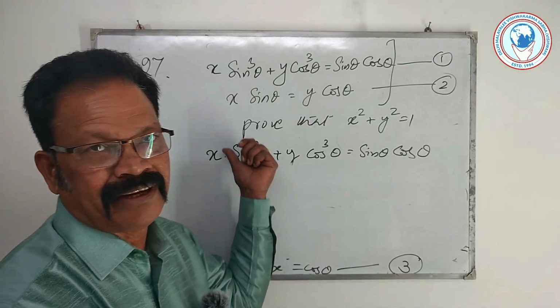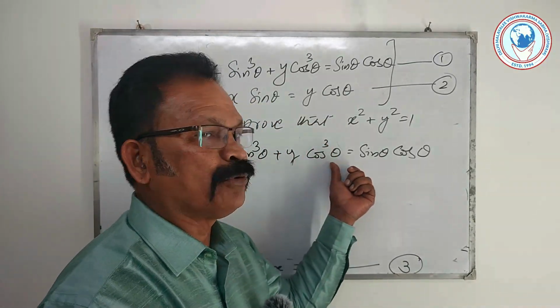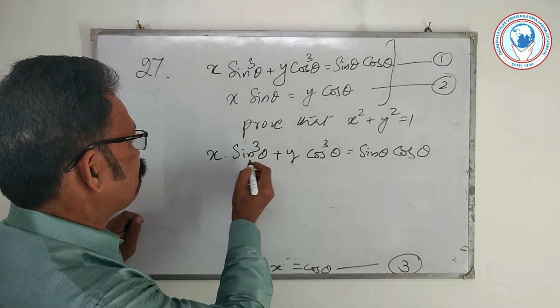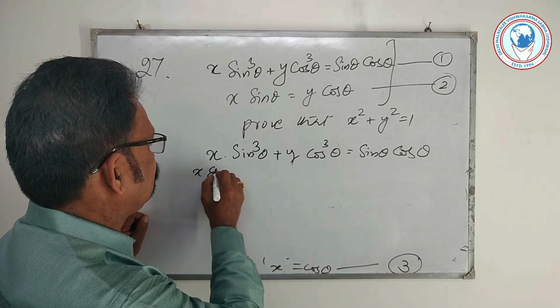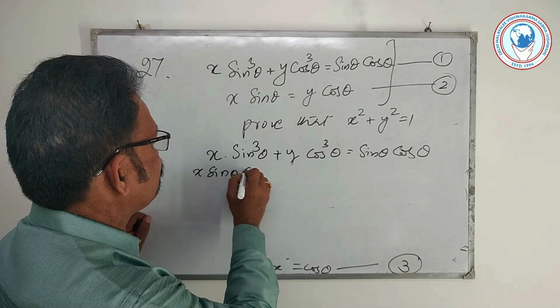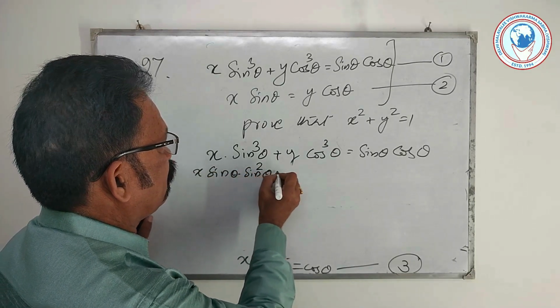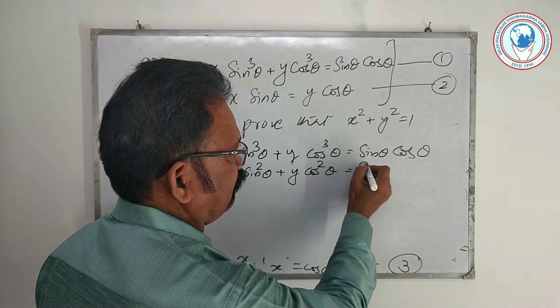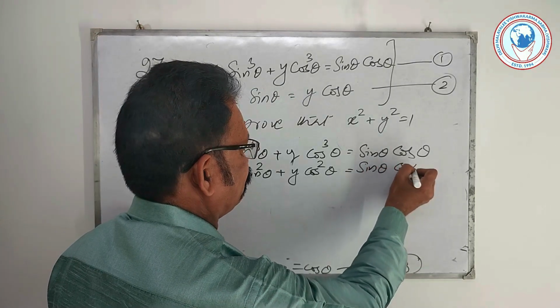Now again, we have first equation x sin cube theta plus y cos cube theta is equal to sin theta cos theta. Rewriting this, x sin cube theta can be written as x sin theta into sin square theta plus y cos square theta equal to sin theta into cos theta.